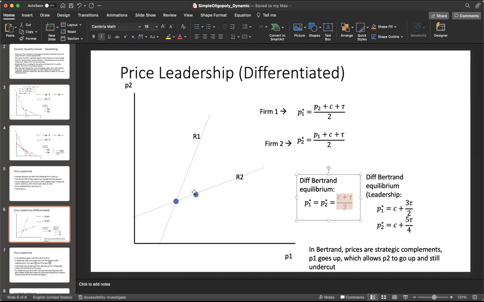And here it will produce at this level. Well, it will choose a price at this level. And that's the P1.